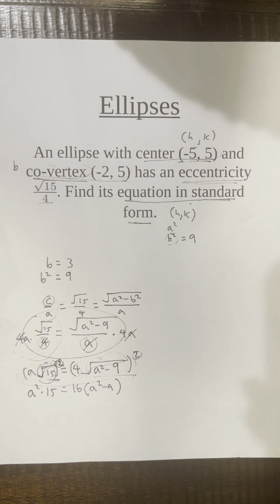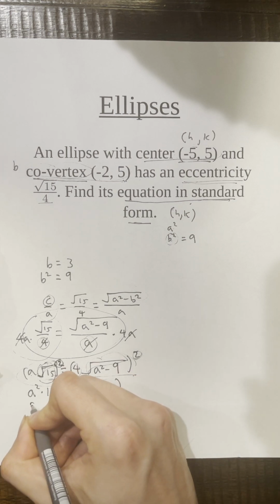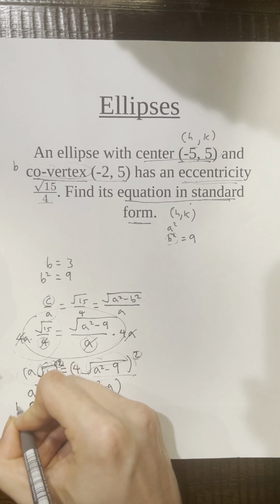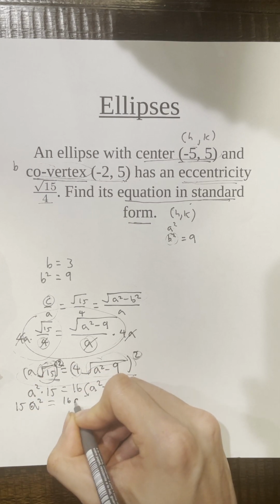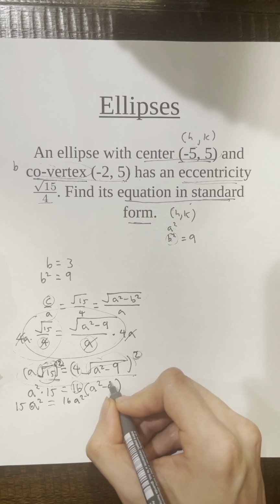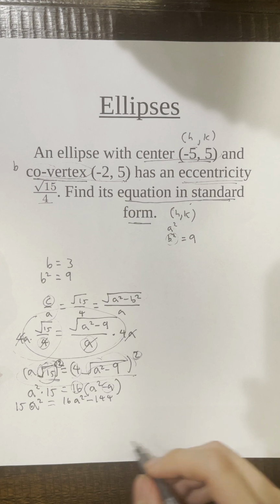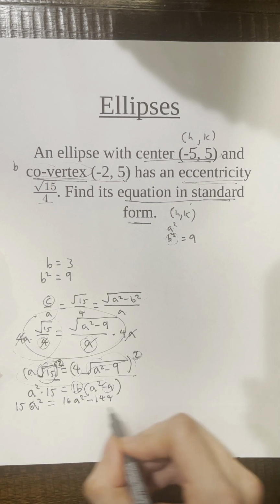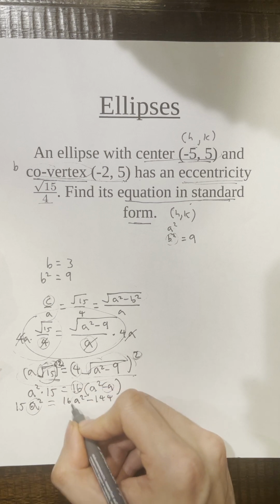How should we proceed here? Okay, so I'm going to get rid of the parentheses. I can rewrite this as 15a squared equals 16 times a squared, and then 16 times negative 9, so negative 144. Okay, and what should we do next here? We need to combine the a squares.